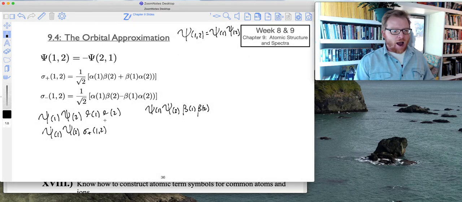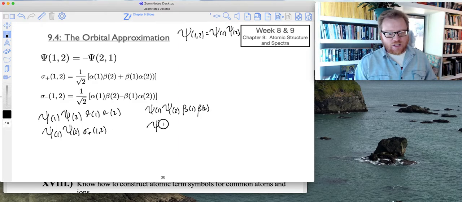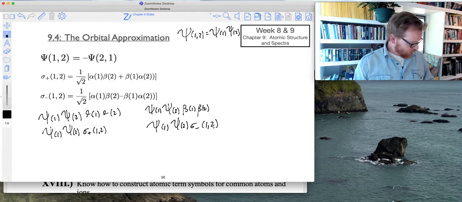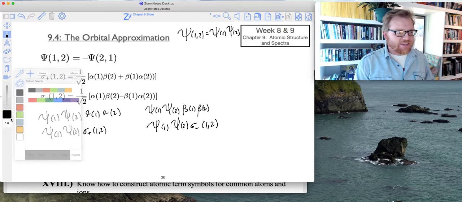So one of those becomes psi 1, psi 2, sigma plus 1, 2. And of course, the other one is psi 1, psi 2, sigma minus 1, 2. And as it turns out, we can categorize these. We can group these together.